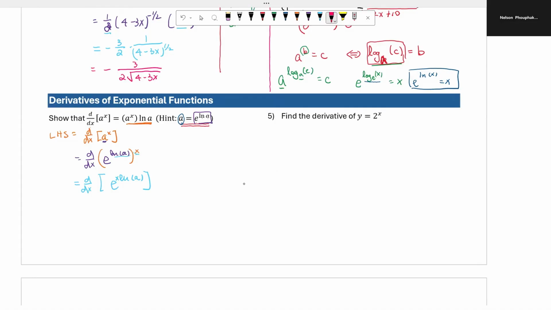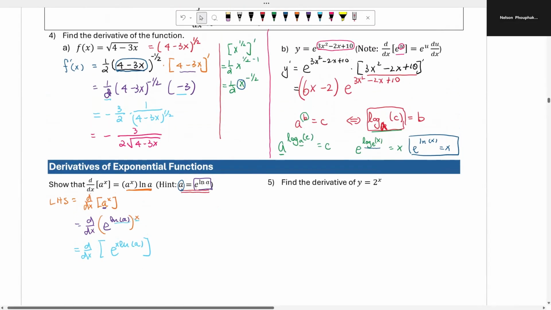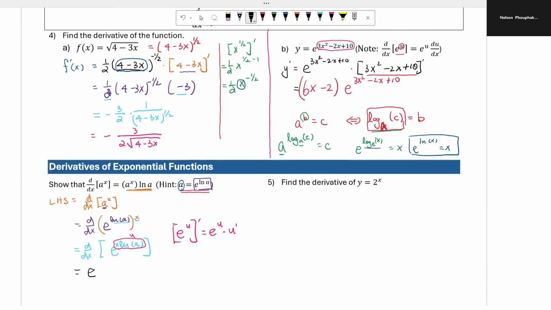Of course, in this case we will be able to use the rule: the derivative of e to the u is e to the u times u prime. So this is my u, and I will have e to the u multiplied by the derivative of x times natural log of a.